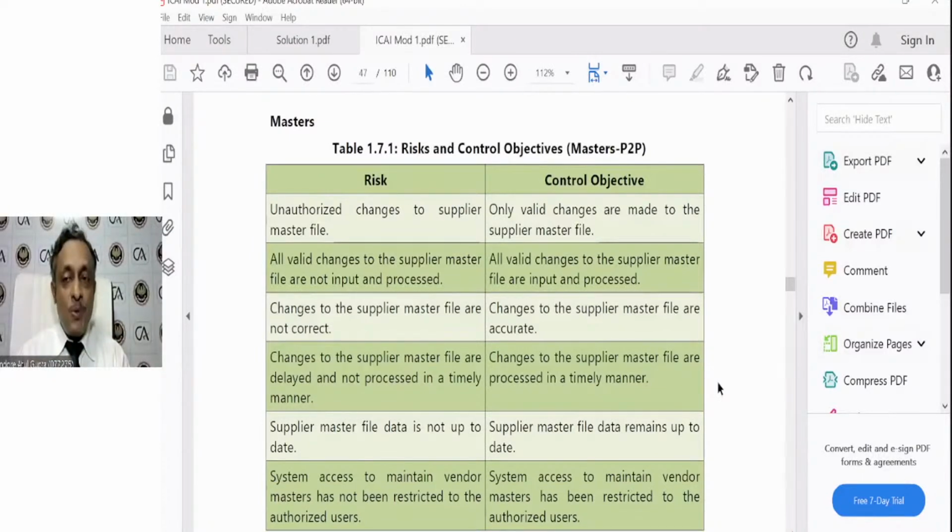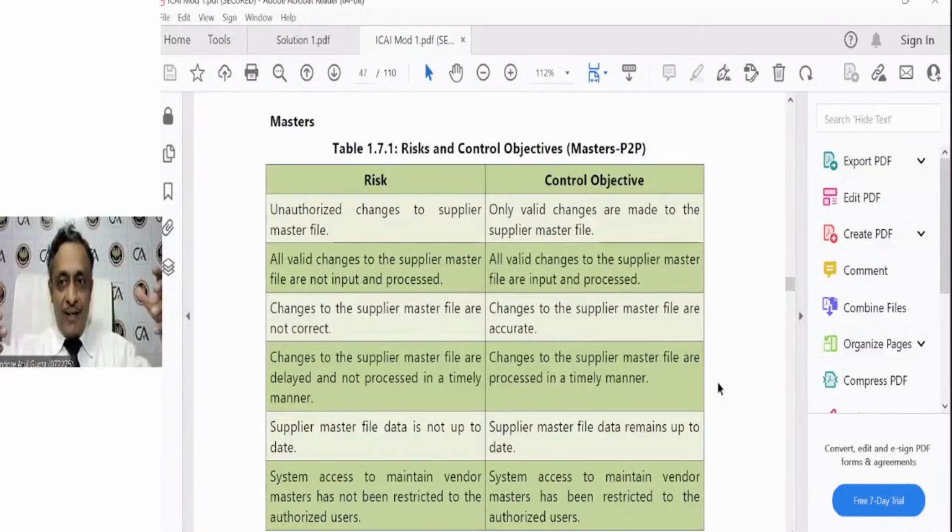What is a master change process? Take this as an example. Say, for example, the supplier from whom you are buying the goods, that supplier till yesterday was a partnership firm, and today it becomes a private limited company. I want you to answer, will this require change in master?